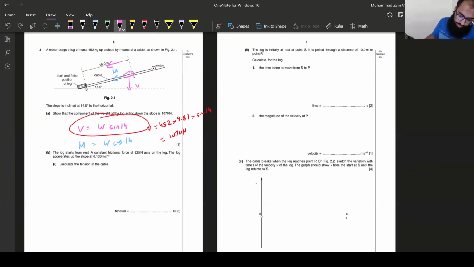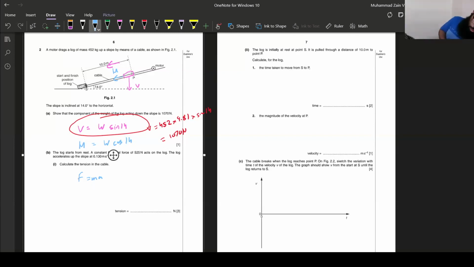So to find the tension, we need to sum up these forces. For that, there is this force which is applied by the motor, and the formula for forces is F equals ma, where F is the resultant force.